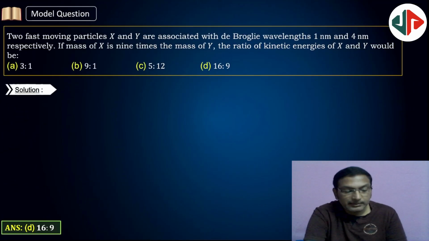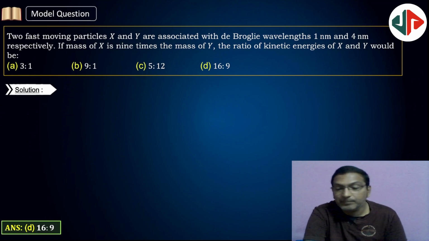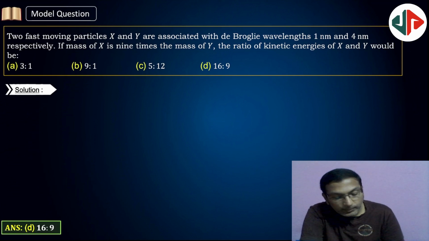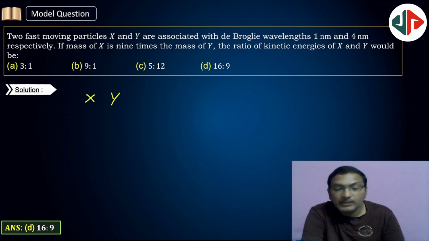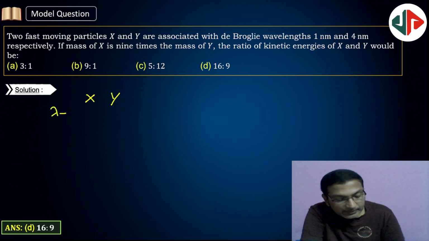Next one. Two fast moving particles X and Y are associated with de Broglie's wavelengths 1 nanometer, 4 nanometer respectively. If mass of X is 9 times the mass of Y, then the ratio of kinetic energies of X and Y would be. Here two particles are given, X and Y. First, wavelengths.